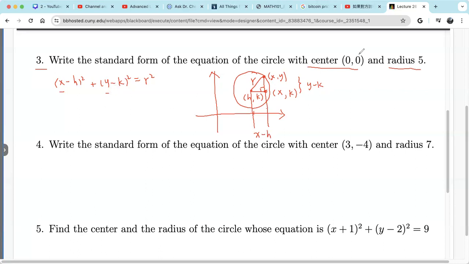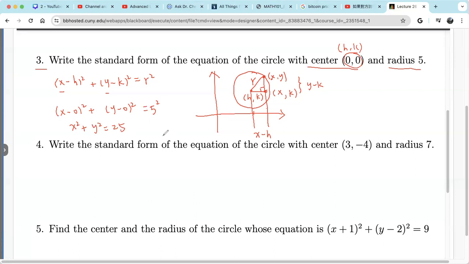In our case, the center is at 0, 0 with radius 5. So h, k is 0, 0. That means x minus 0 squared plus y minus 0 squared equals 5 squared. X minus 0 is just x, and y minus 0 is y, so we get x squared plus y squared equals 5 squared, 25.